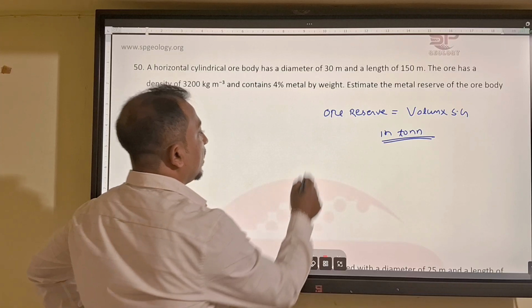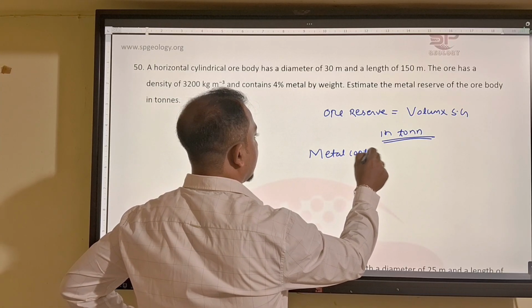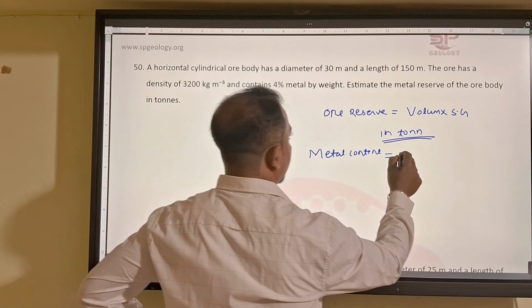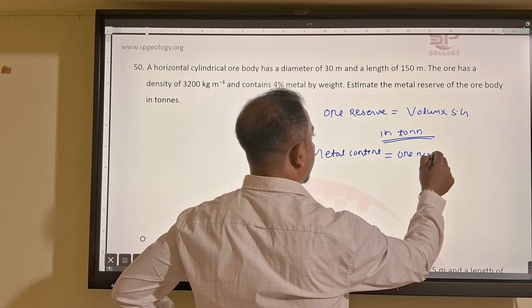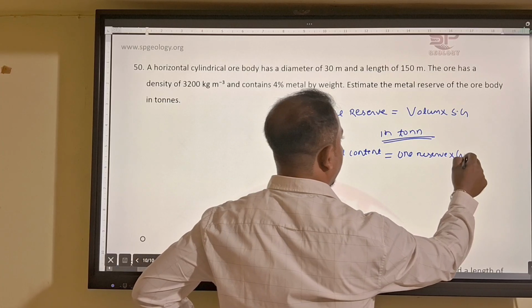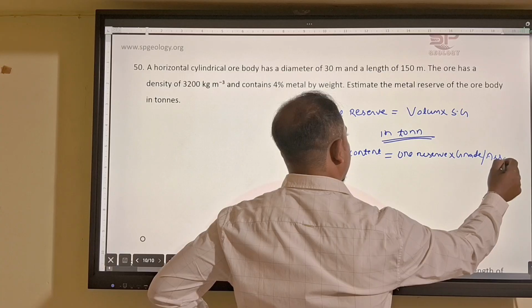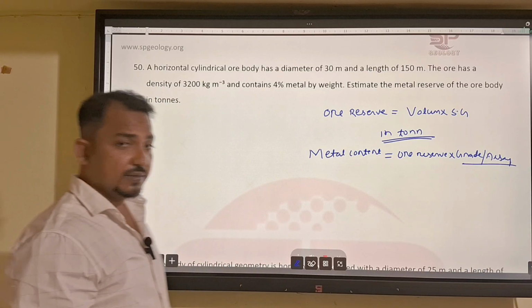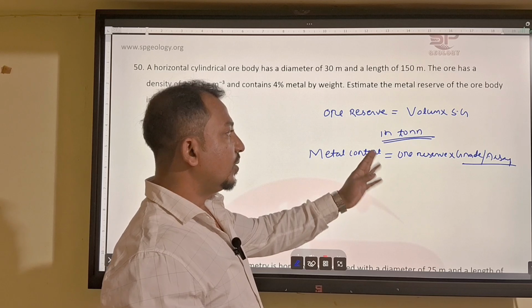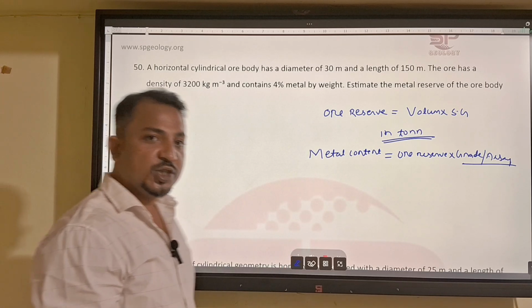Then you can calculate the metal content. Metal content is your ore reserve into grade, or you can take assay or percentage of metal content. So ore reserve into grade will be your metal content, and ore reserve is volume into specific gravity.